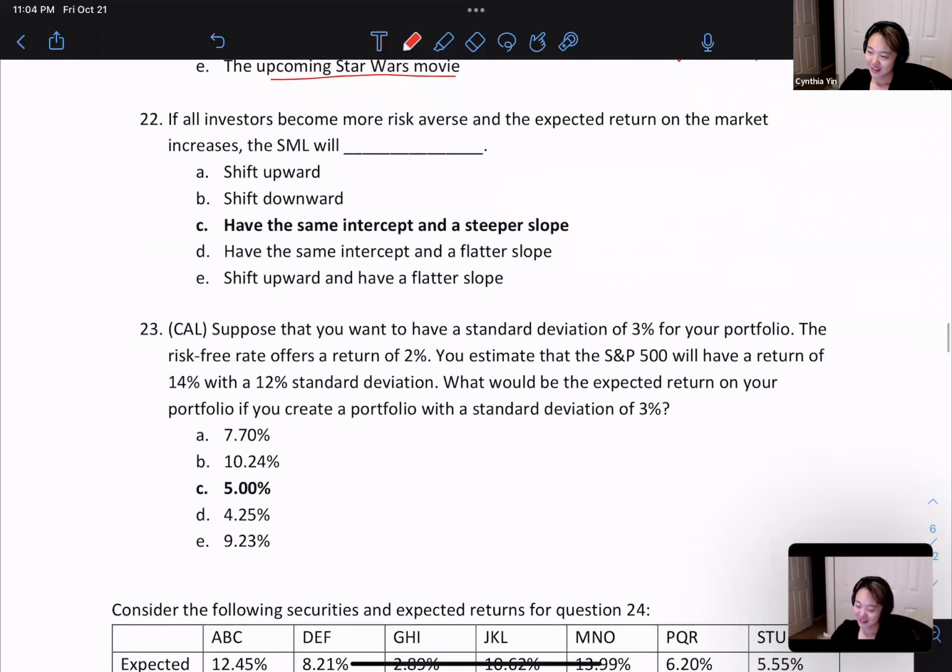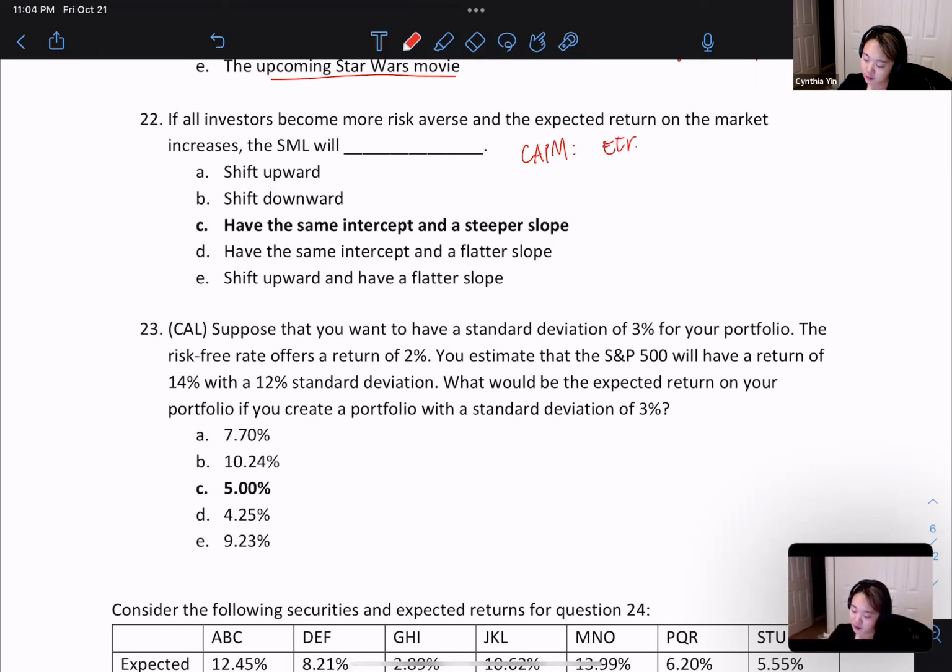So 22, if all investors become more risk averse and the expected return on the market increases, the security market line will what? So this might be a little bit hard. Just to remind you, what is the security market line? It's based on the CAPM, right?